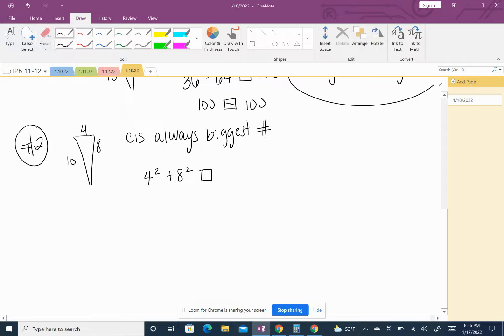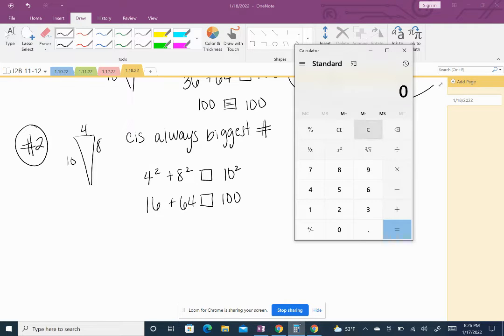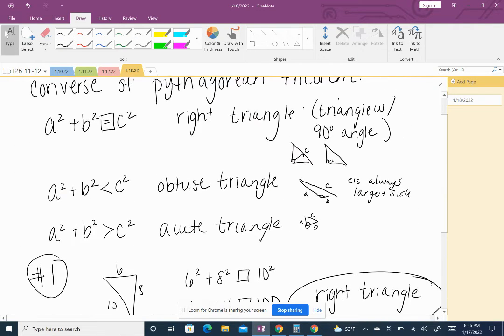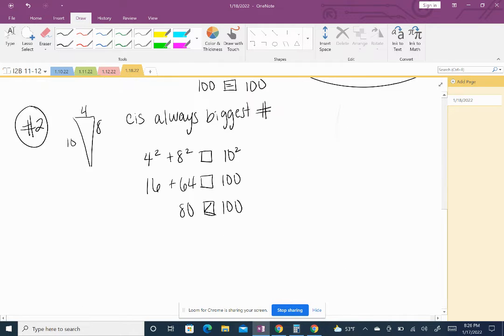Oh, sorry, 10 squared. Okay, so 4 squared is 16. 8 squared is 64. 10 squared is 100. And 16 plus 64 is going to give me, I believe, 80. Let me double check. Yep, that gives me 80. So 100 is bigger. So when our C squared is bigger, that means it's going to be an obtuse triangle.